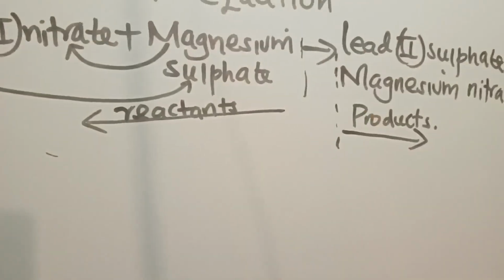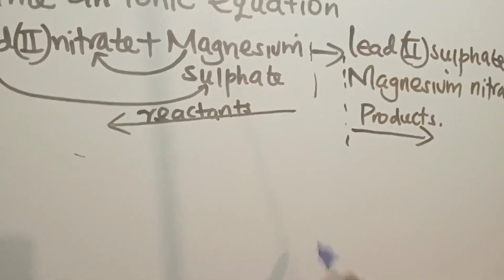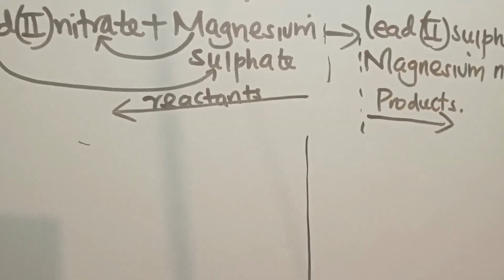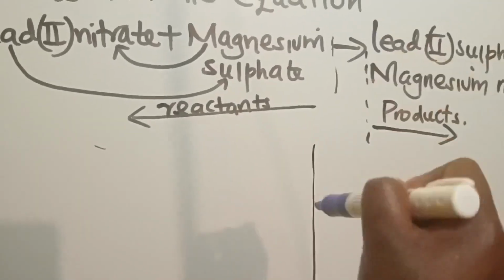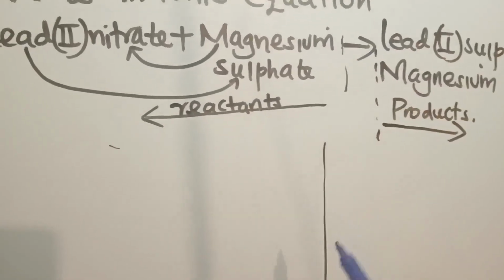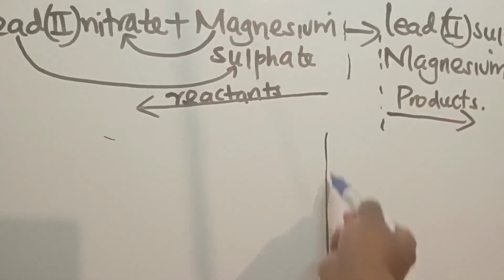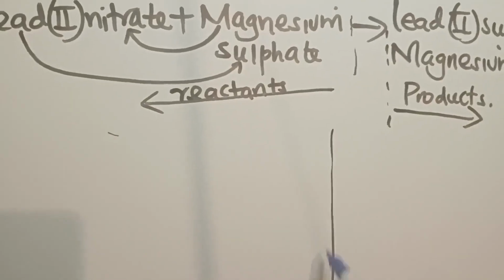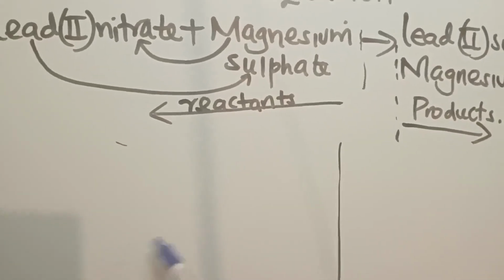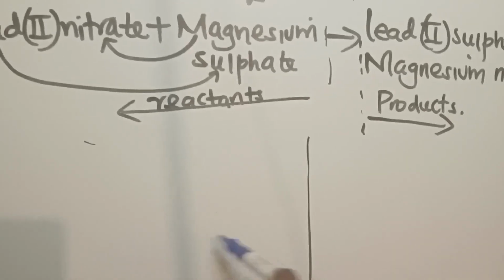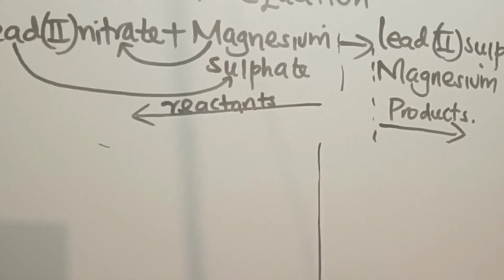So you should arrange your page, not necessarily dividing it with a line, but you should be in a position to tell where the center of the paper is, with the reactants on the left and the products on the right hand side.